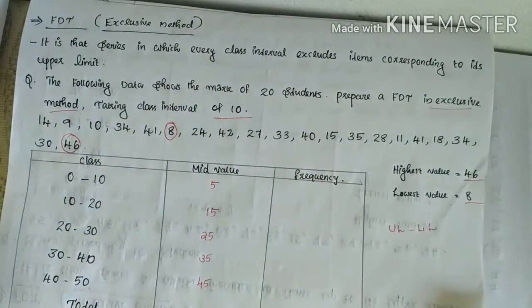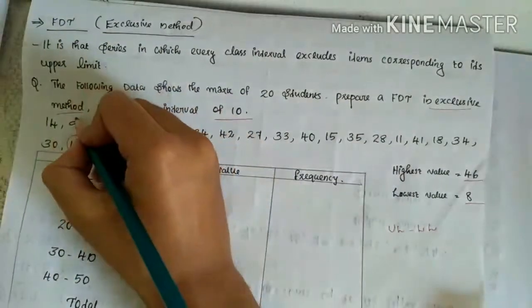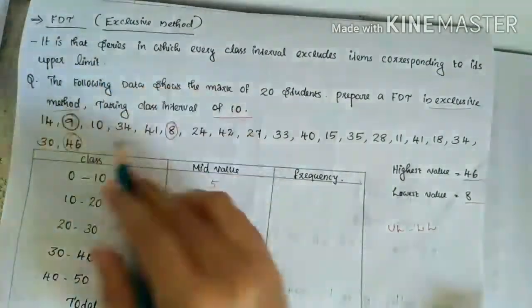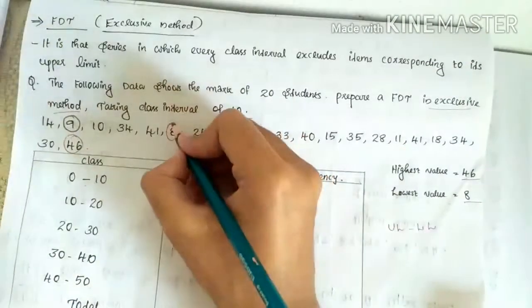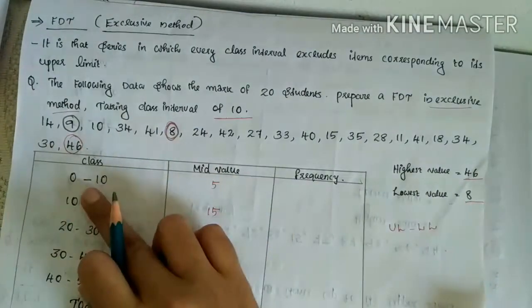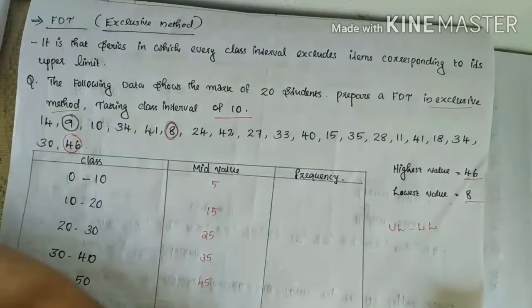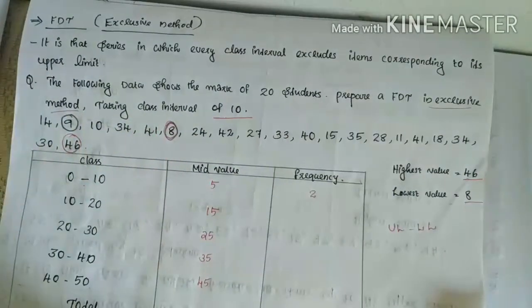For example, in the class of 0 to 10, the first item is 9 and the next item is 8. So there are only 2 items included in the class of 0 to 10. So the frequency is 2.